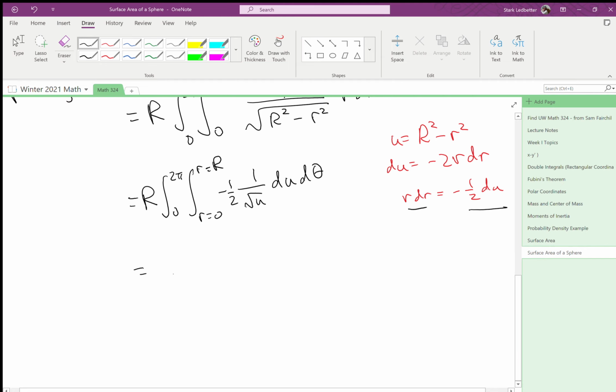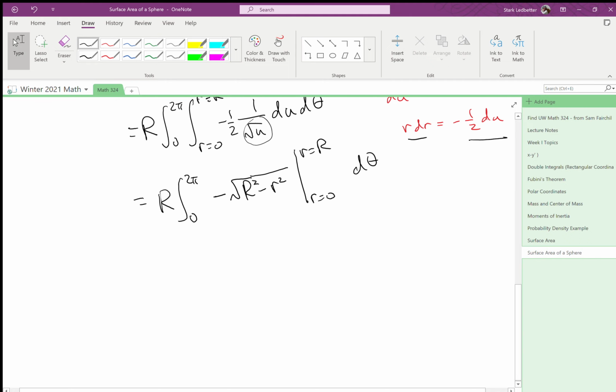Okay, and then big R out here, 0 to 2 pi, I can integrate now. So I'm going to increase the power by 1, so that's u to the positive 1/2, and then divide by positive 1/2, so this 1/2 goes away. So it's negative root u, and then I'm going to replace u with big R squared minus little r squared, as little r goes from 0 to big R. And then I have a d theta here.